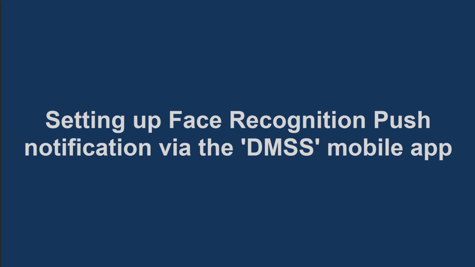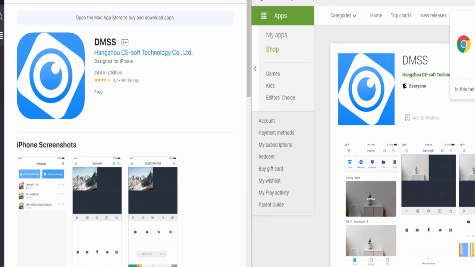Okay, now I'm just going to quickly show you how to subscribe to a face recognition database to get notifications of a face being detected from a particular database. So I've loaded the DMSS app on my phone. In my case I'm using an iPhone, but it really doesn't matter, it's the same on an Android.